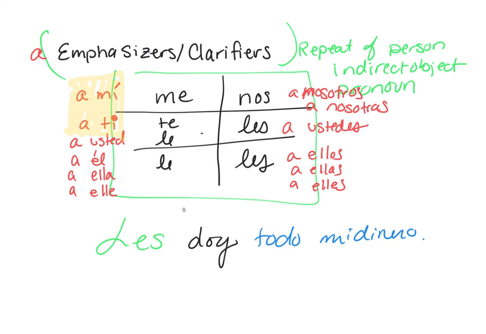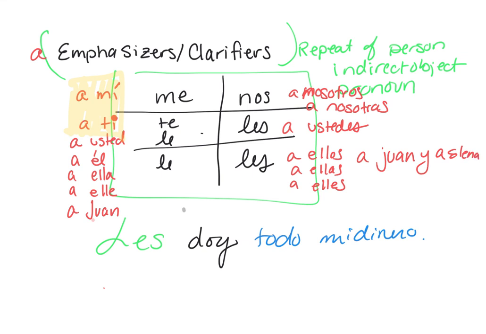Also, you could use someone's name with an a in front of it instead of someone's pronoun because, I mean, if you're going to bother to clarify, why not really be direct? So you would also say a name. So it would be like a Juan, for example. If you have 2 people together over here, you would say a Juan y a, again, Elena.